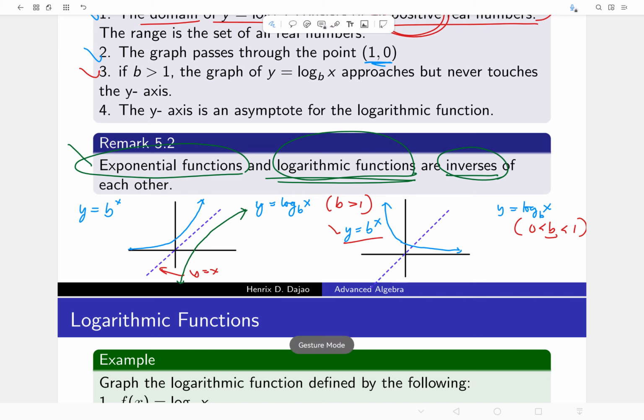Now we've already sketched the graph of the function defined by this equation.